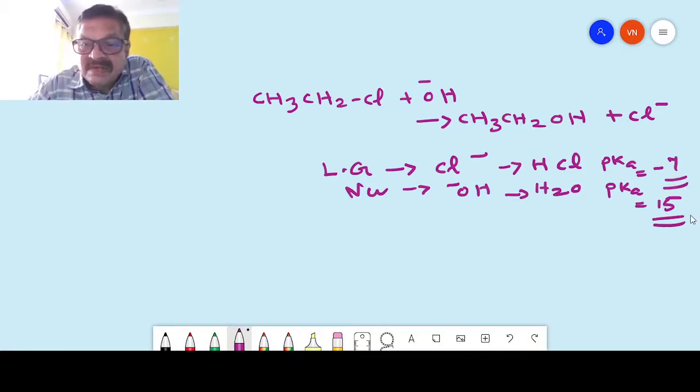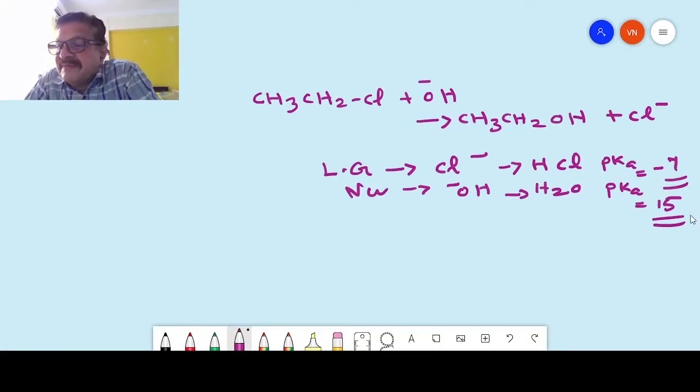So now in this case, we can see which is the stronger base and which is the weaker base. Cl minus, the chloride anion leaving group, is a weaker base compared to the nucleophile OH minus, because the lower the pKa value, the stronger the conjugate acid.